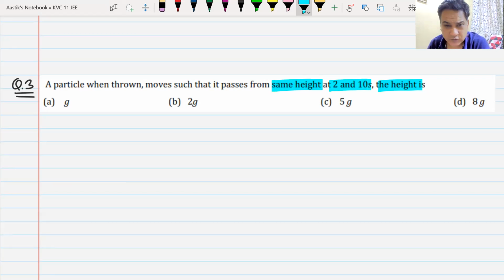So, any idea how we are supposed to do this? Anyone? Anyone has any idea how this is done?